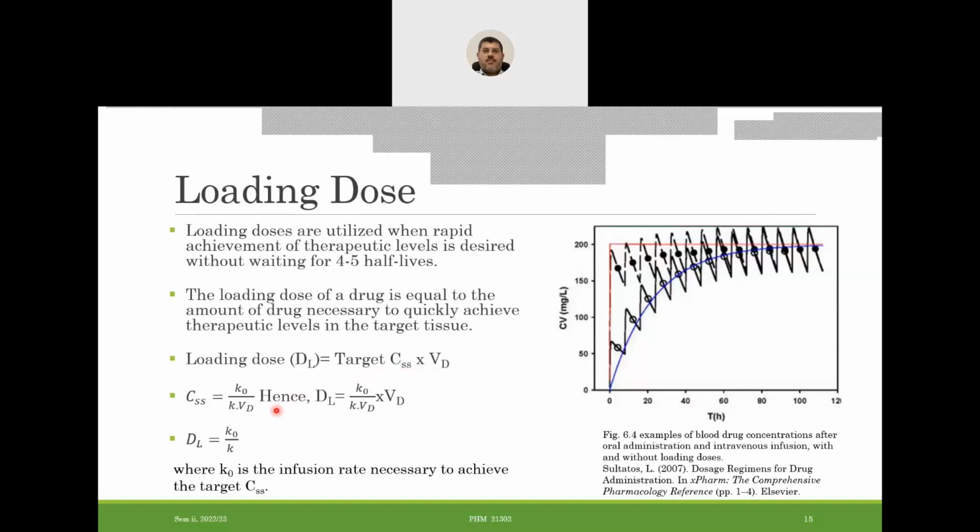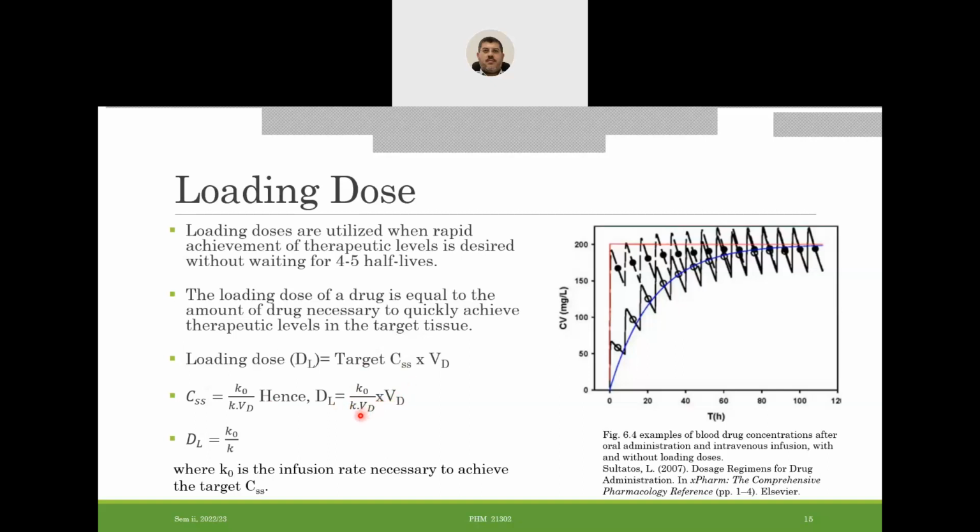And if we use the steady state equation, the steady state concentration equals infusion rate divided by K times VD. So the loading dose will equal this concentration times VD. Replace the concentration by this fraction, so instead of Css we put this value.